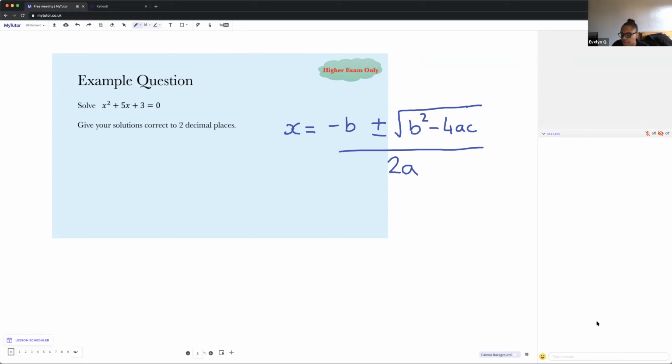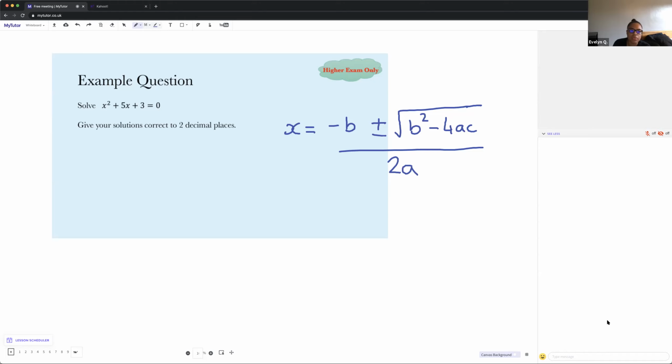So someone asks, will you be asked to solve using completing the square? Yes, you might be asked to solve using the complete the square. You might be asked to solve using the quadratic formula. I know that someone asked about solving using graphs. We won't be able to go through that today.